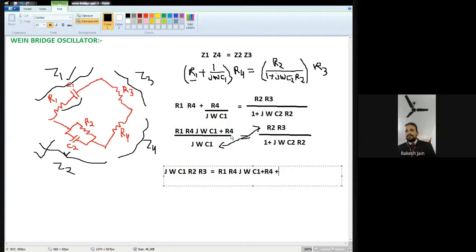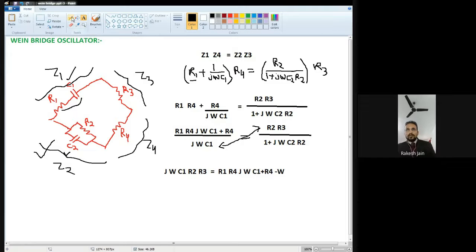Here j is denoted as the imaginary unit. I just write minus because j to j multiplication gives j square, and the imaginary terms multiplied with each other generate a minus sign. So minus omega square.